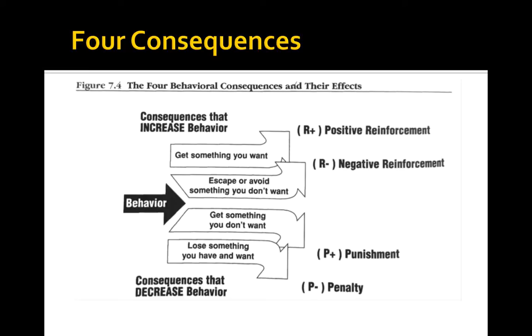So I want to make a distinction here. A lot of times we'll say, oh, I'm using positive reinforcement or negative reinforcement or positive punishment or negative punishment. You really can't say that you're using that unless the effect is there.